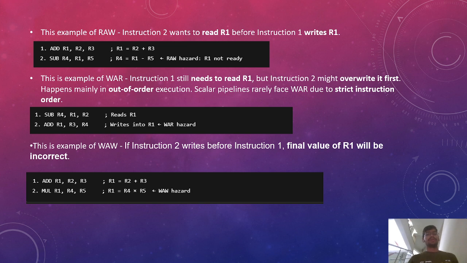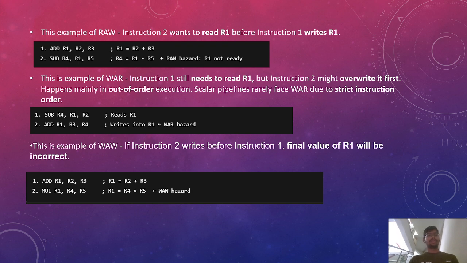Here, the execution of the second step is dependent on the first step. Only after R2 and R3 are added and the result is stored in R1 will the second step be executed. A RAW hazard occurs when, due to some issue, R1 is not loaded correctly.